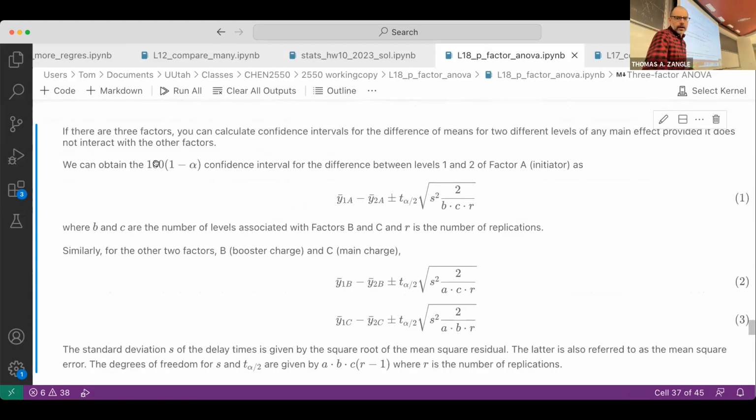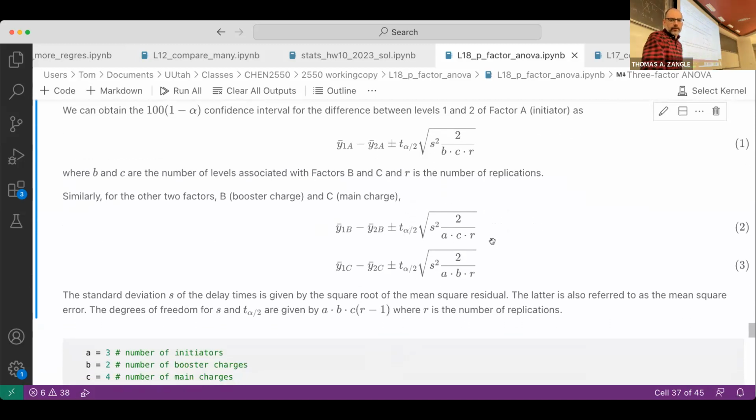Here, for a confidence interval on the difference between levels 1 and 2 of some factor A, in this case, let's say our initiator, it's the difference between those two levels plus or minus our t statistic times the standard error, which is S squared, the standard deviation squared, times 2 over B times C times R. B and C are the numbers of levels of the other two factors, and R is the number of replicates.